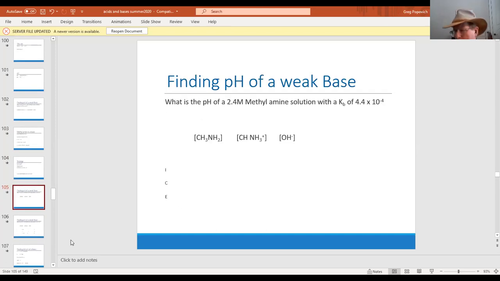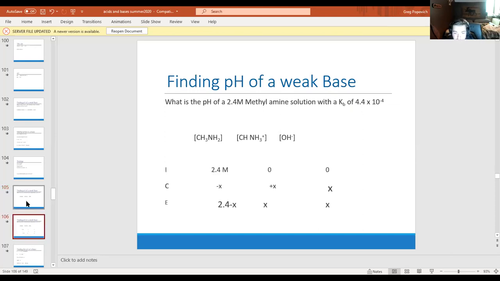Ice table. Parker, can you do this real quick for me? Sure. Just hold on, give me a second. I'm going to write it down. Okay. What's my initial concentration? The initial concentration is 2.4 for the first one, and then 0 and 0.